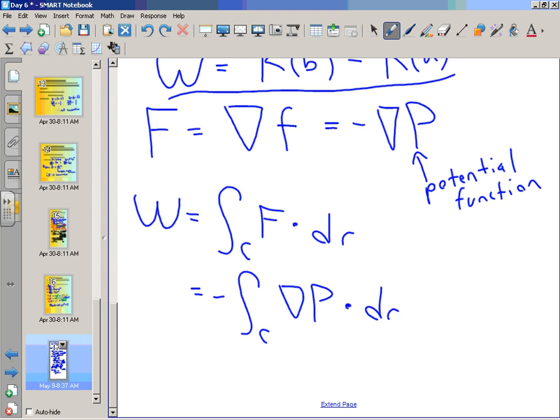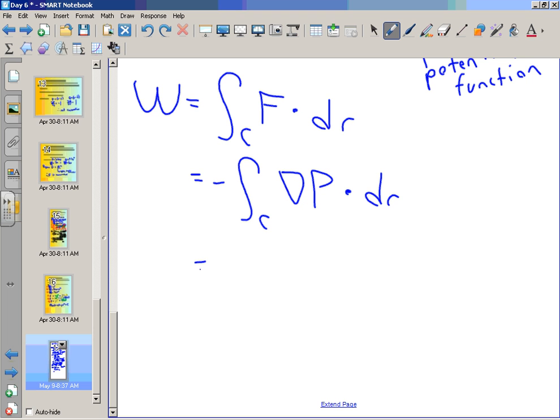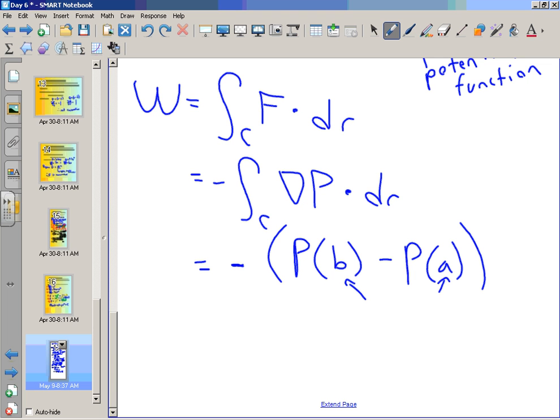And then we can use the fundamental theorem because this is a gradient, and so we're going to have negative P of B minus P of A, because remember these are just, again, the endpoints.